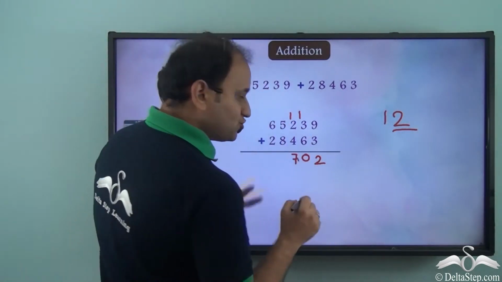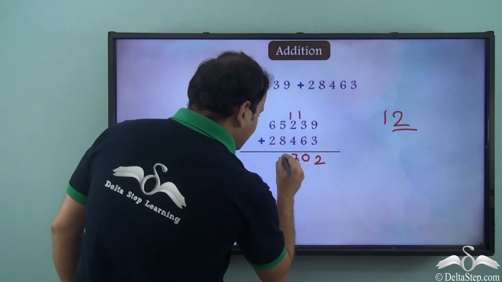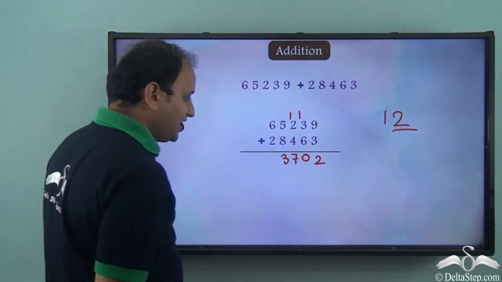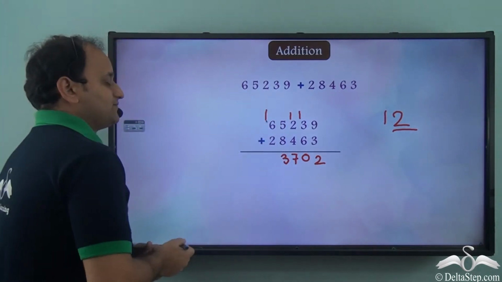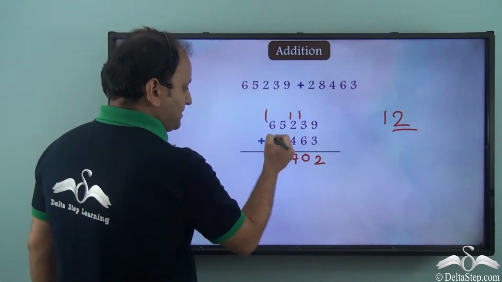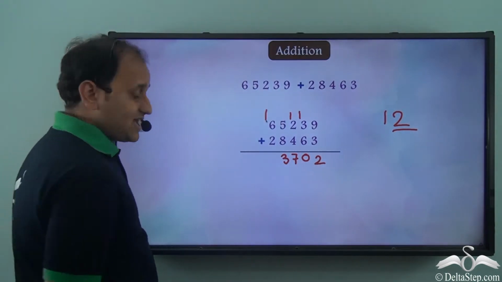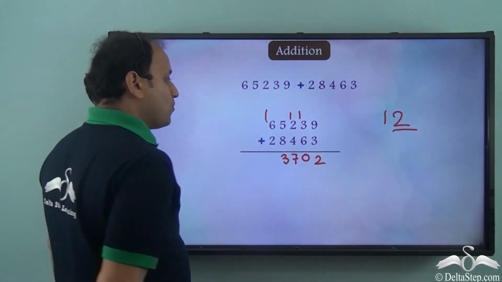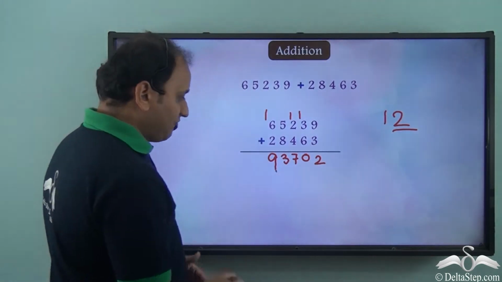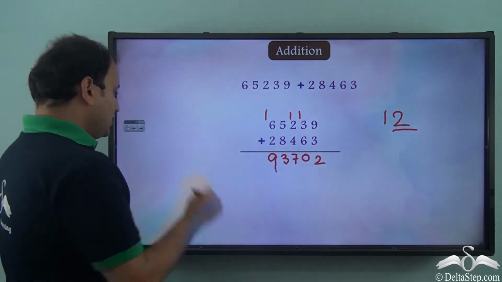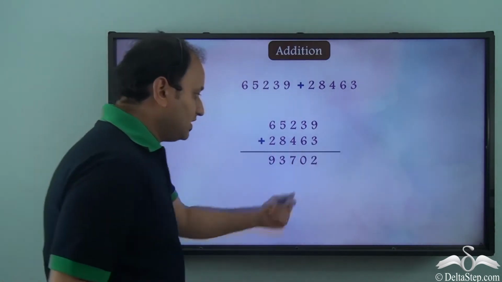So again we have 2-digit number. So we write the units digit here, that is 3 and 1 is carried over. Now we have 6 plus 2, that is 8 and we add 1 to that, we get 9. So we have 93702 which is the answer here.